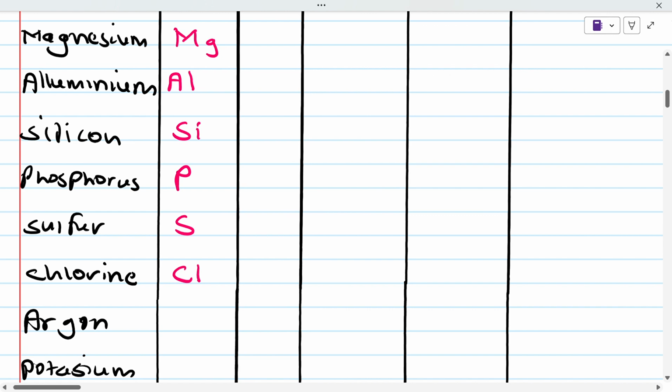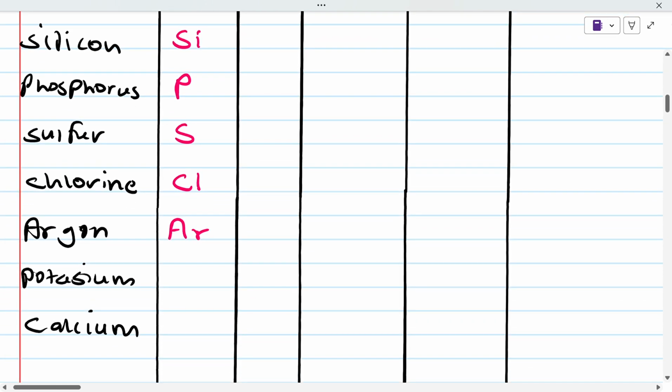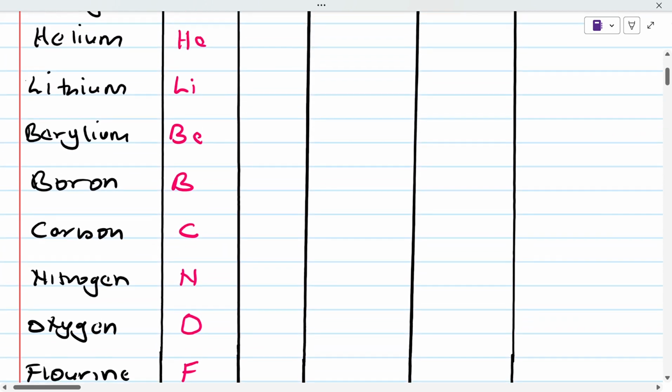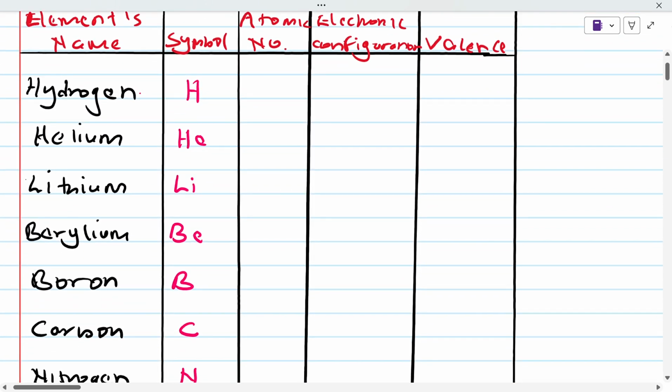Argon is capital A, small r. Potassium, I'm going to skip it a little bit. And calcium is capital C, small a. Now, those are the symbols of those elements.